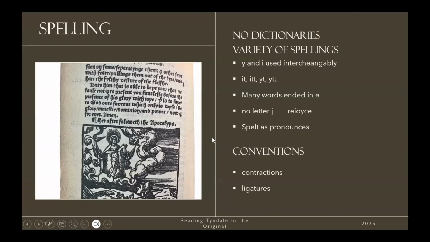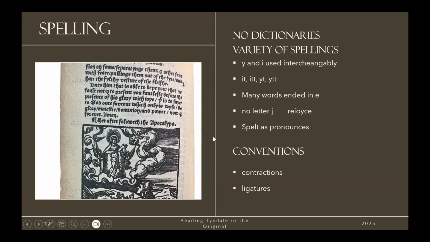Now, when you read this old text, if you get used to it, it's pretty readable, especially if you read it phonetically. Some of the words are spelled exactly how we spell words today. But there were no dictionaries in those days, and there was a variety of spelling. So one word might be spelt many different ways.